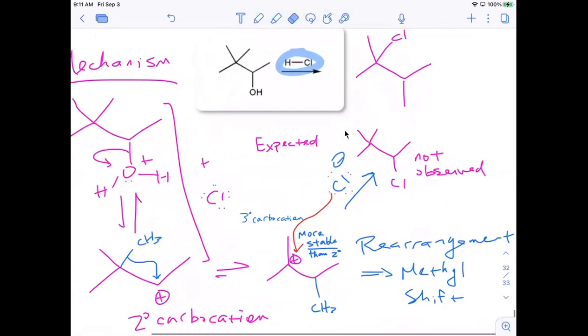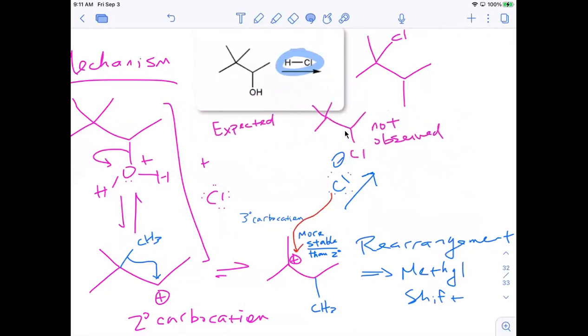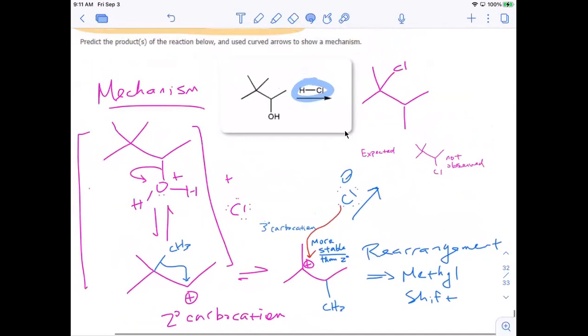I'll move this other stuff. Let's move that over.